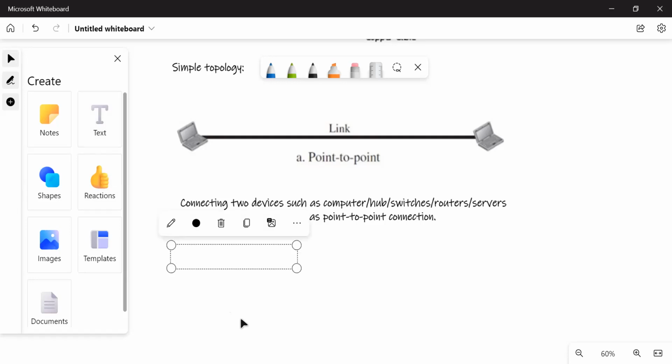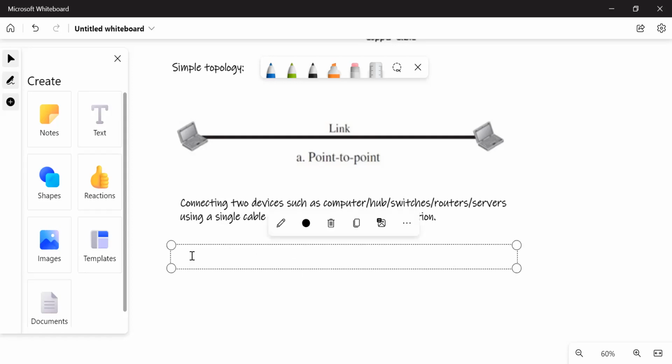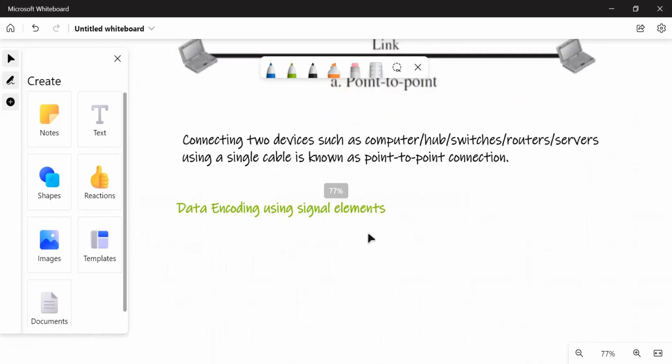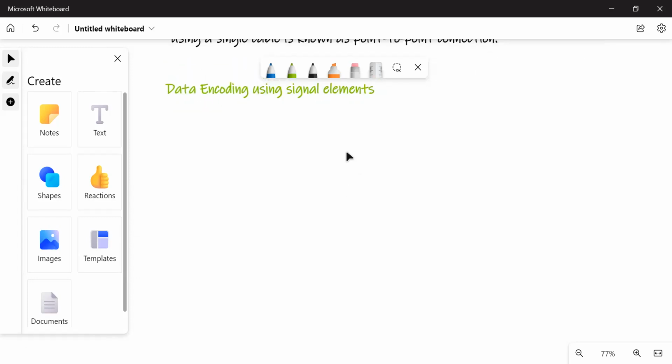6.3. Let's write down the topic. Data encoding using signal elements. Right. Data encoding uses signal elements. Now, before we talk about the encoding, we need to know a couple of terms. The first term that we are going to use is called modulation.